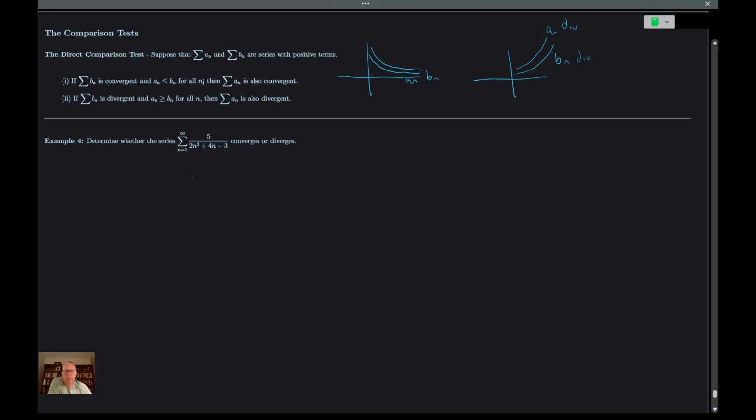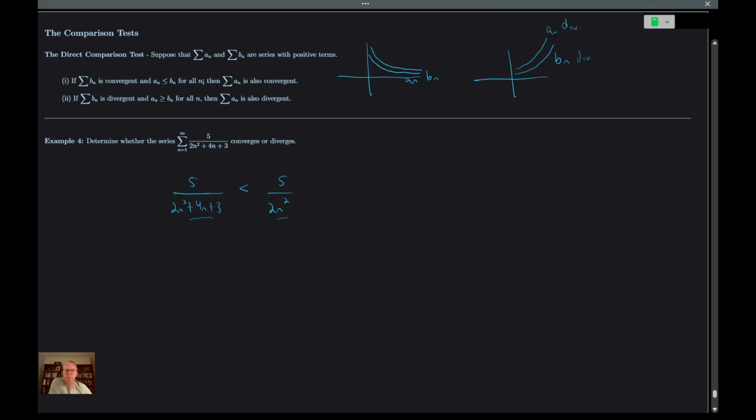So we know that this is always going to be less than 5 over 2n squared, because this one has added terms in the denominator. So this denominator is always bigger than this denominator. So this fraction is always smaller than this fraction.